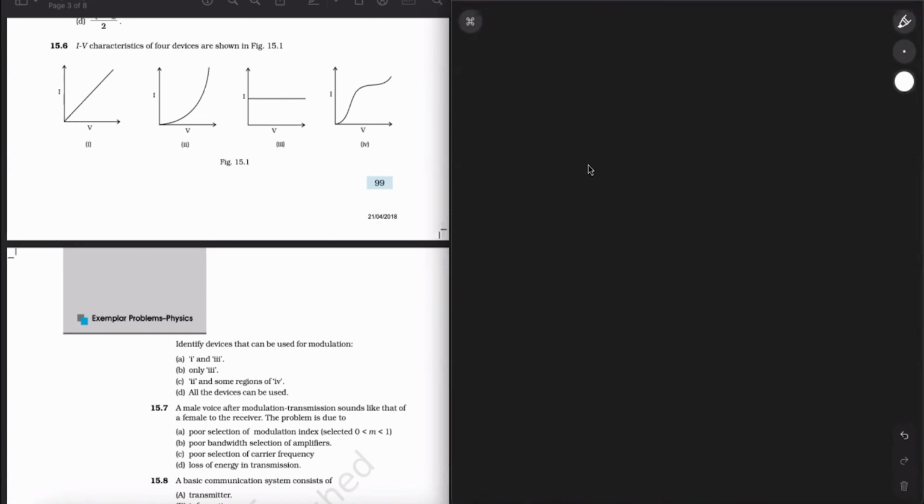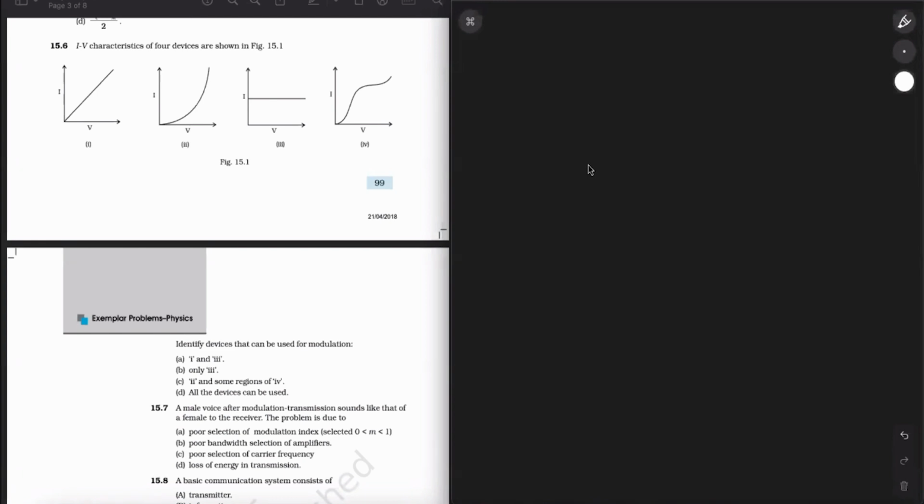You have a carrier wave, you input a message signal over it, and the square law modulator gives you the amplitude modulated wave. Its characteristics are shown by the graphs: 1 and 3 correspond to linear devices, and 2 corresponds to square law devices, which show non-linear relations. Some part of 4 also follows the square law.